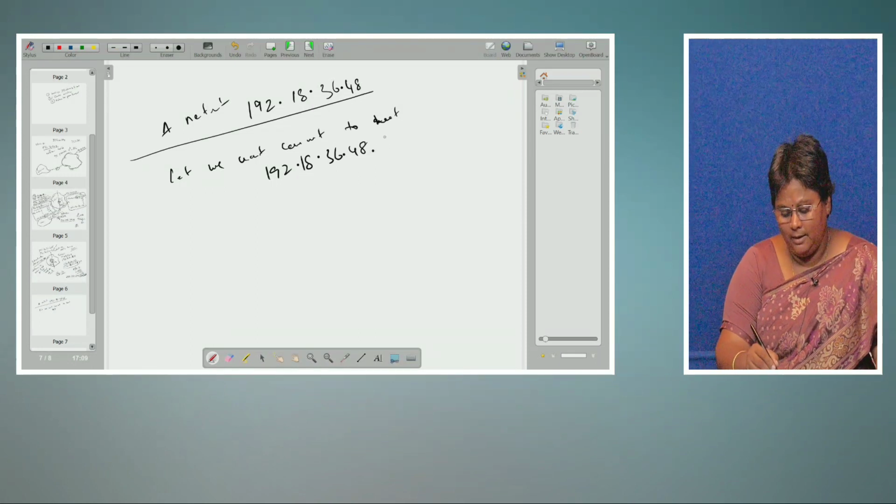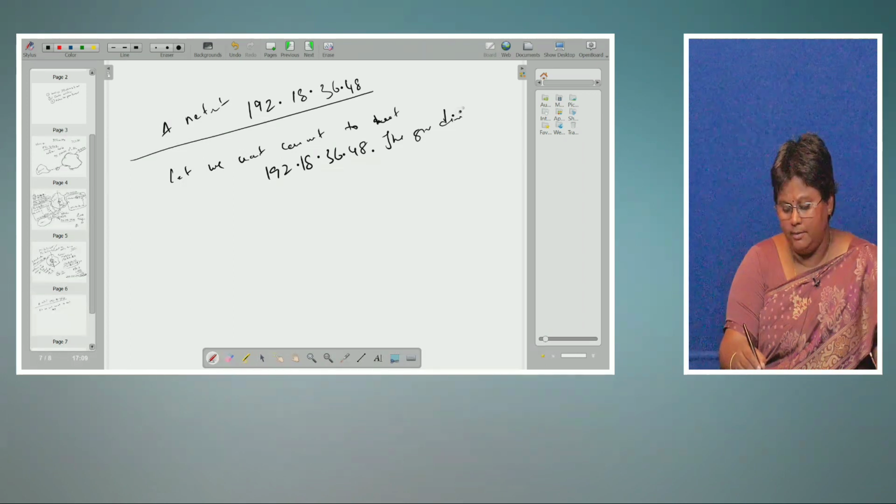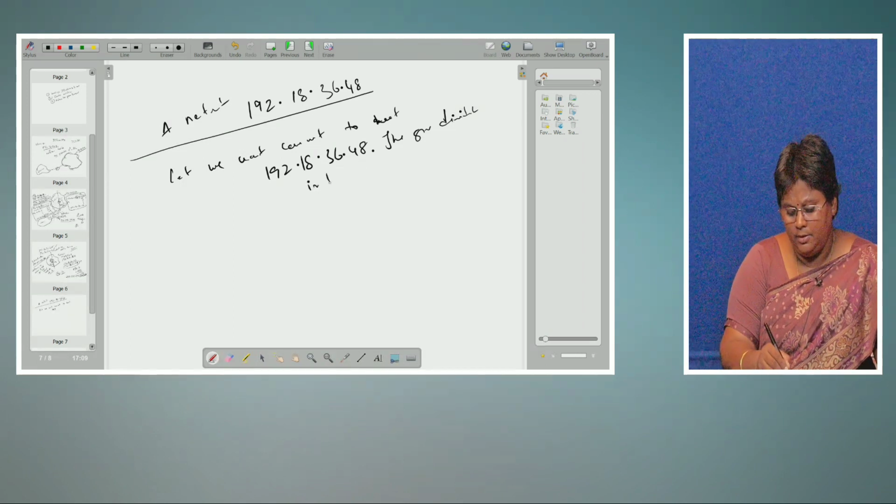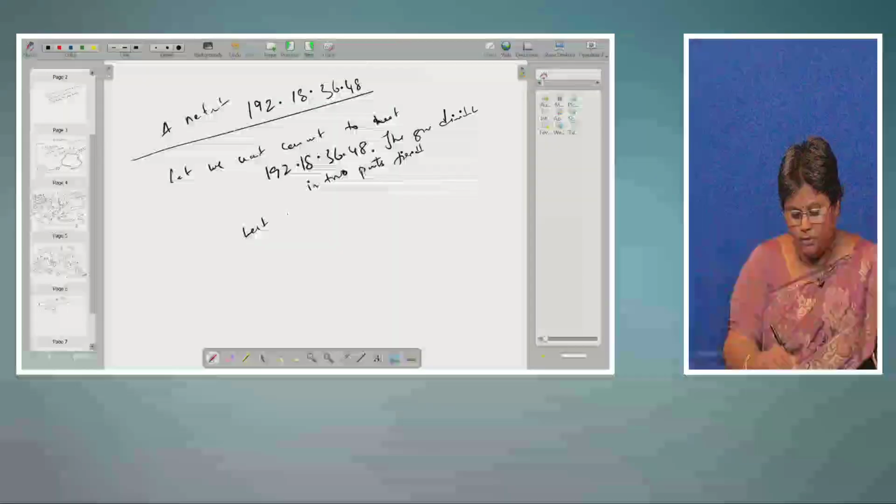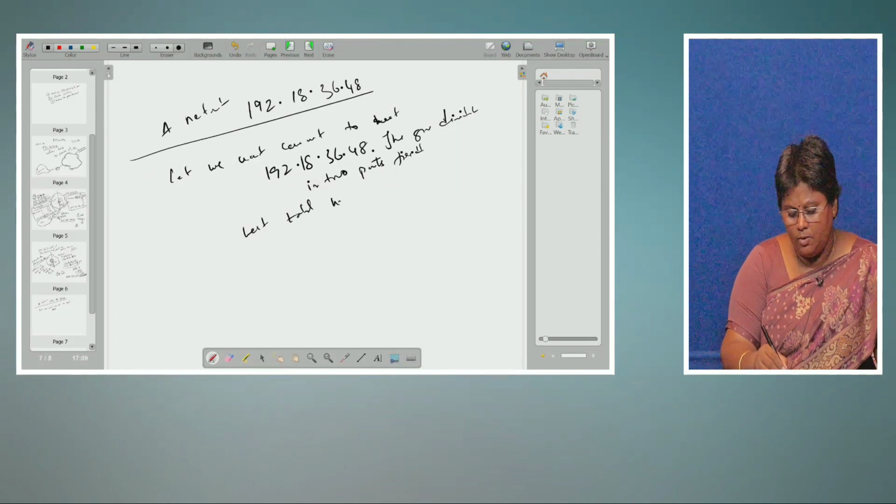The given network is divided into two parts using fixed length subnetting. Let us find out the total number of hosts in each subnet.